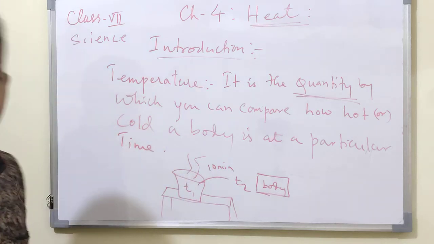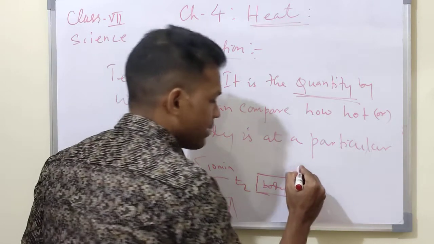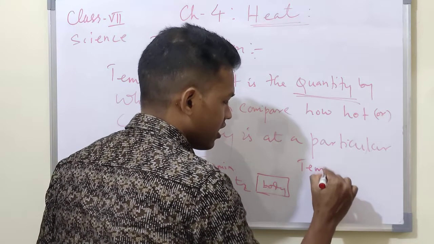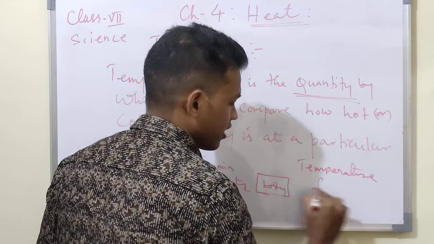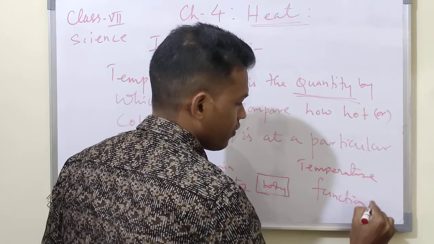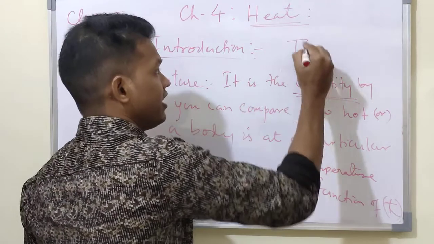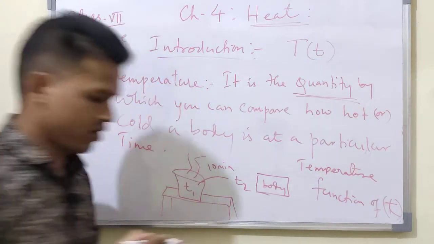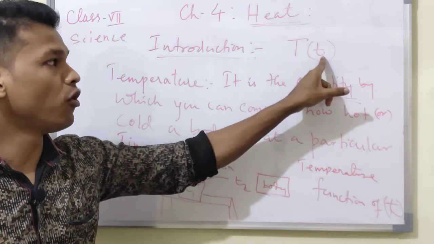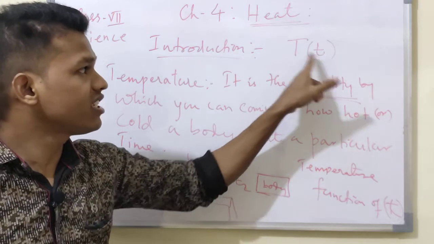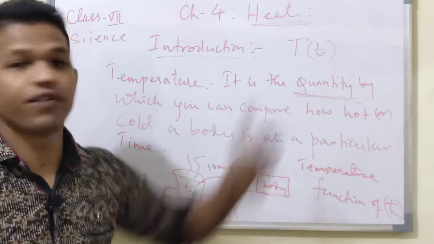It will take time. Therefore, temperature is a function of time. So we write T equals T of t, where capital T indicates temperature and small t indicates time. Therefore, temperature is a function of time. Temperature always depends on time.